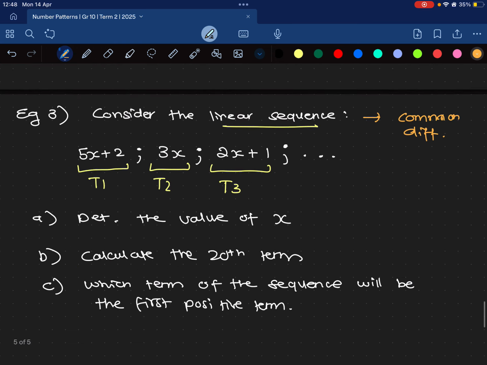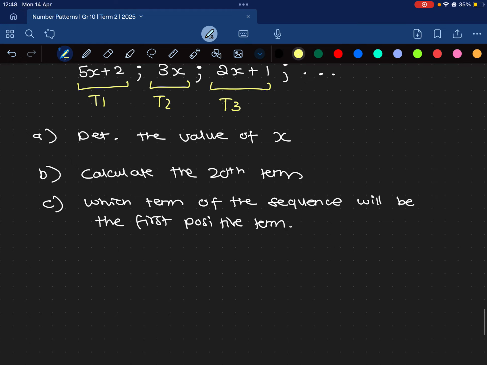So if I took the third term minus the second term, I would get the same value as the second term minus the first term, because of that common difference.